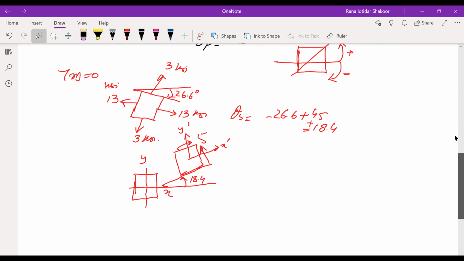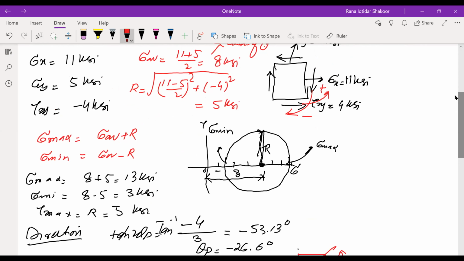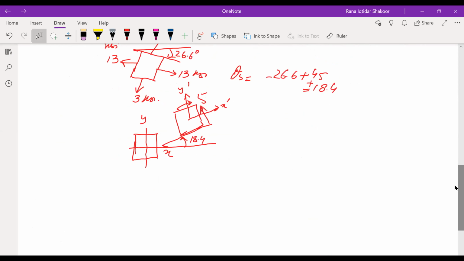It will be calculated from this Mohr's circle, right? So it will be the sigma value over there at this R. One will be positive and one will be negative, right?